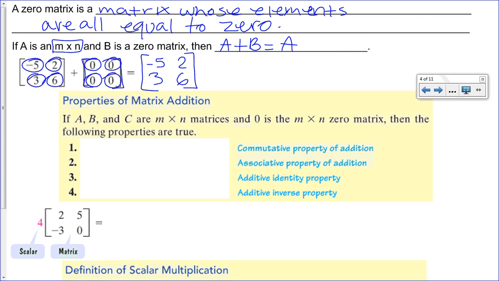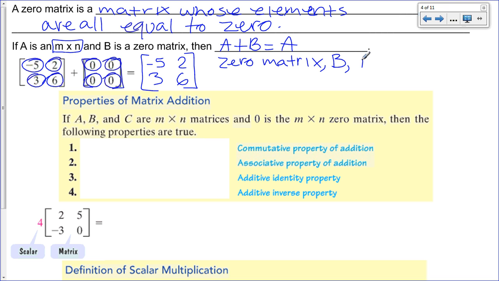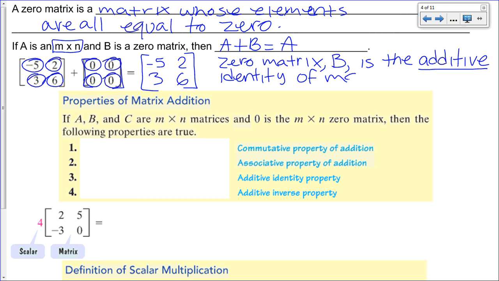So what we could say here is that the 0 matrix, which in this case we're calling B, is the additive identity of matrix A. And please keep in mind that I'm using the word additive, not multiplicative.